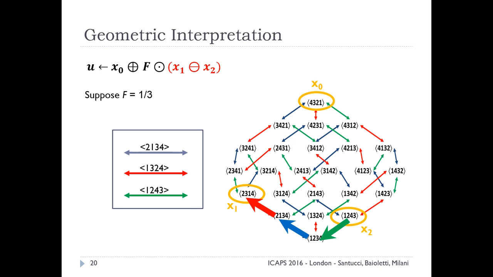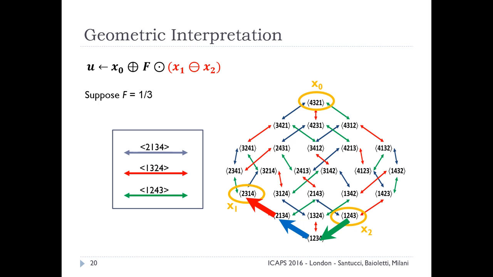The first operation is to compute the difference, x1 minus x2. This exactly corresponds to one of the shortest paths from x2 to x1. Then suppose that the parameter f is 1/3.